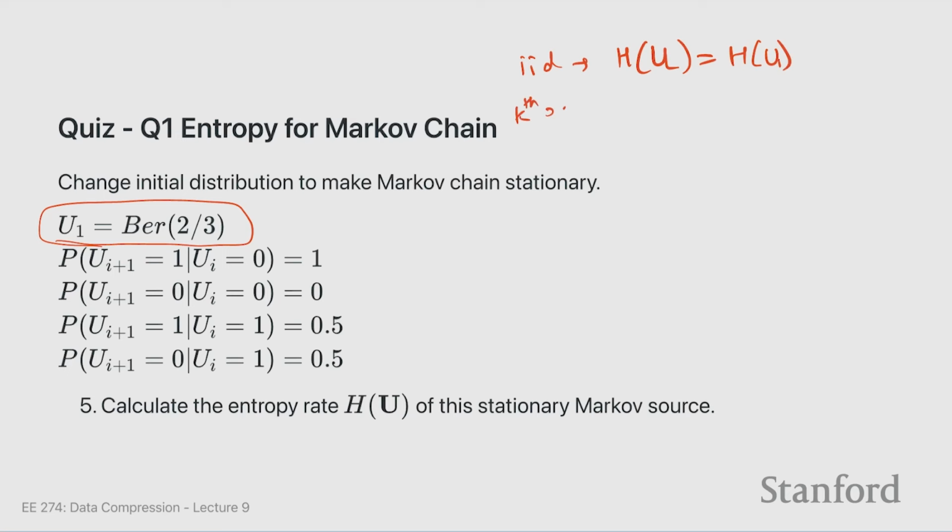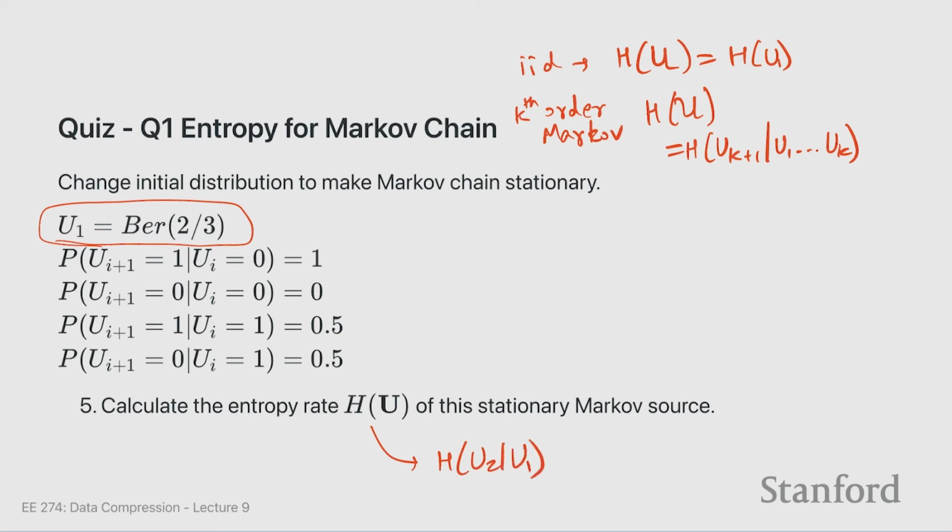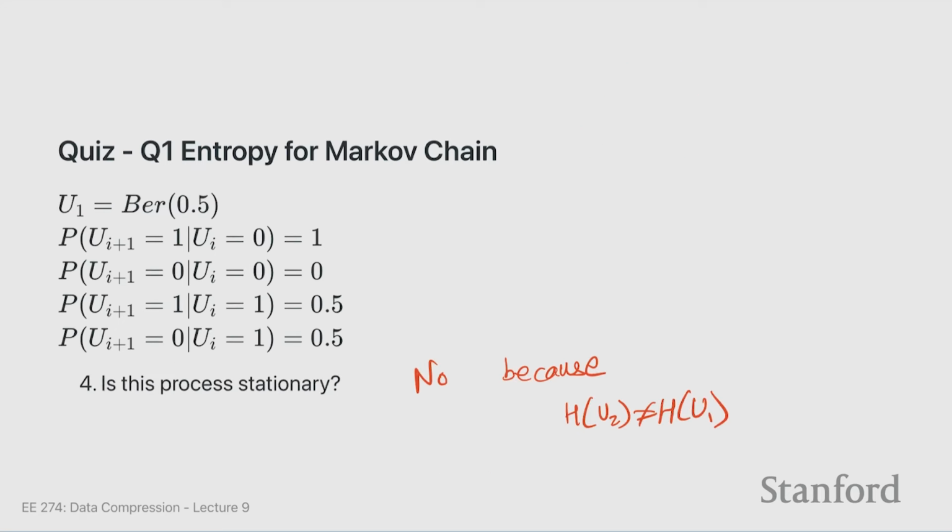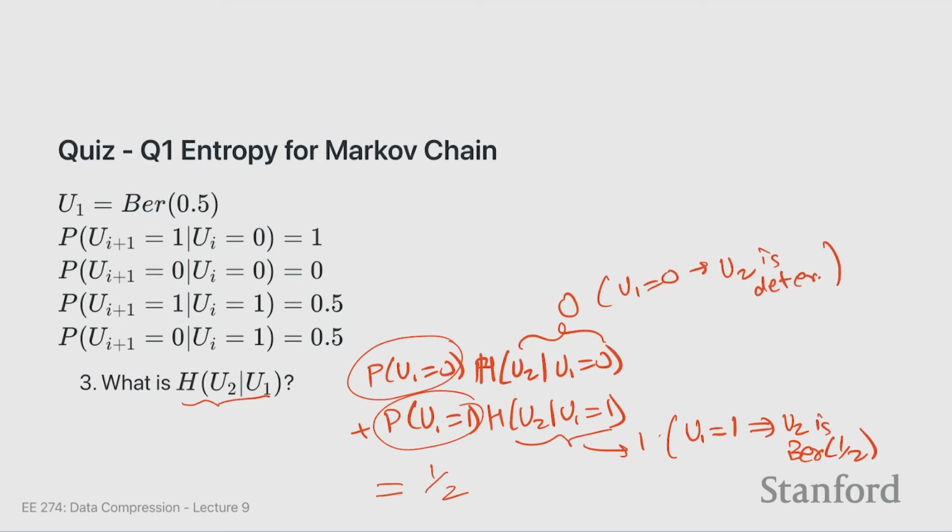For kth order Markov, the entropy rate was just the entropy of U(k+1) given all the past symbols. So in particular for a first order Markov, this is just going to be U2 given U1, the entropy of U2 given the past symbol. And now we can compute it using the exact same formula. So let me try to copy paste this one.